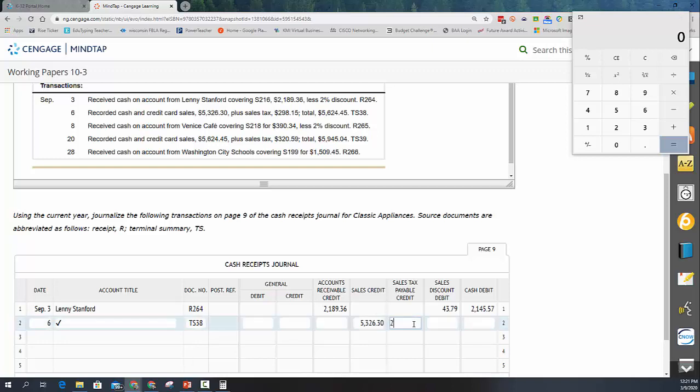Sales tax of $298.15, and cash of $5,624.45. So taking those numbers of sales, sales tax, and total cash and putting them on there.